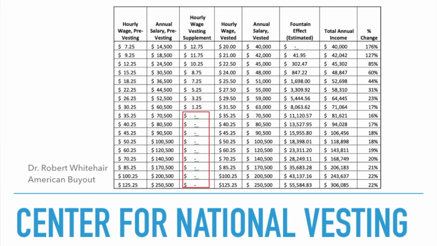However, the fountain effect actually increases that person's salary by 22%. The estimated fountain effect, for someone making $250,000, would be somewhere around $55,584. So that's interesting, and that's what we meant earlier when we said that in a vested economy, everyone really benefits.